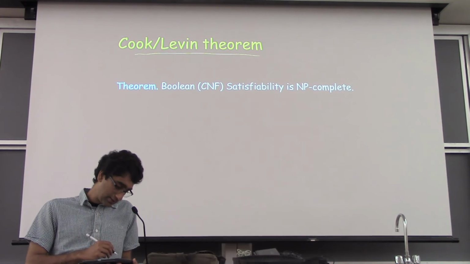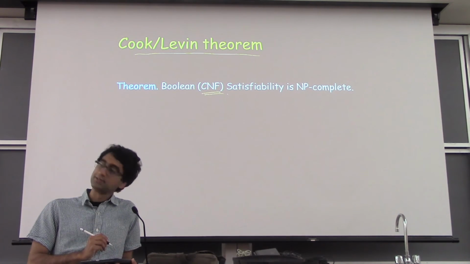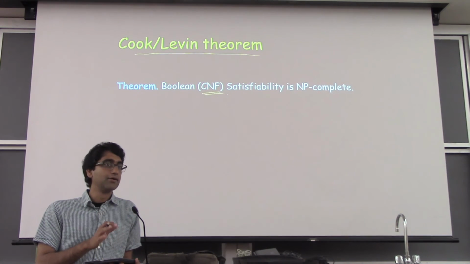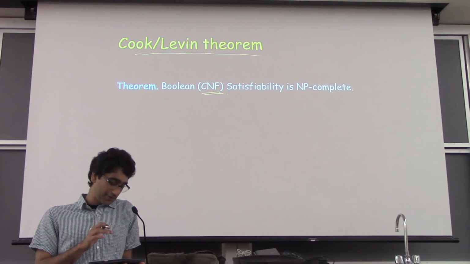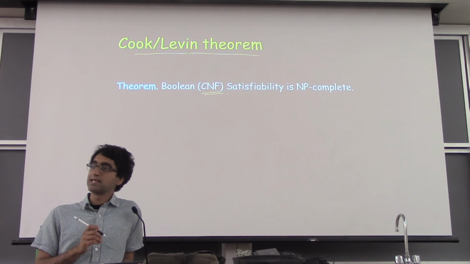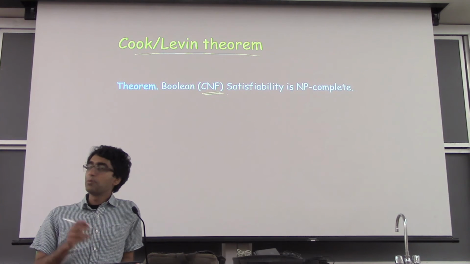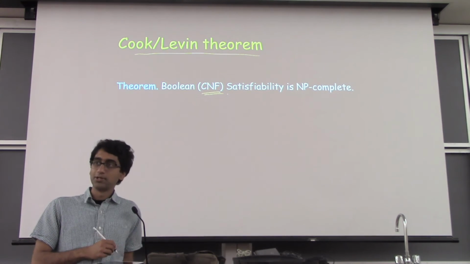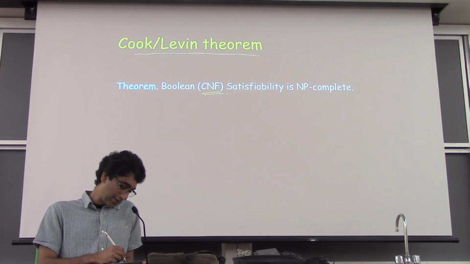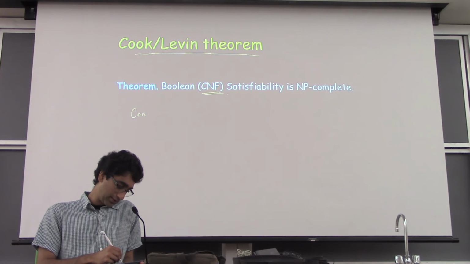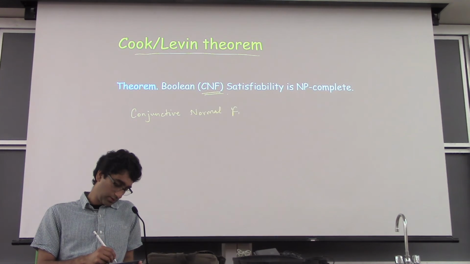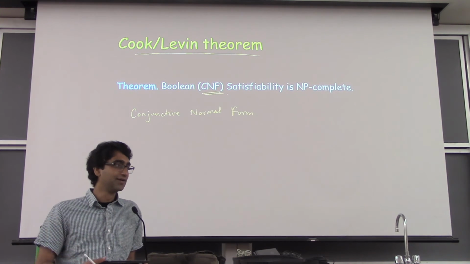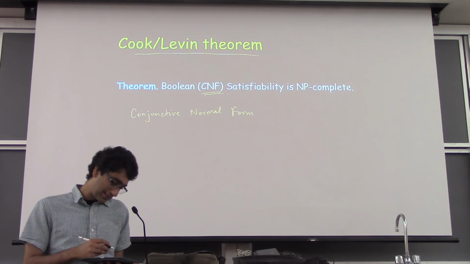One thing I want to say is what this CNF means. Has everyone seen at least this notion of a CNF? Maybe you heard about it. Let me recap. It's what's called a conjunctive normal form.